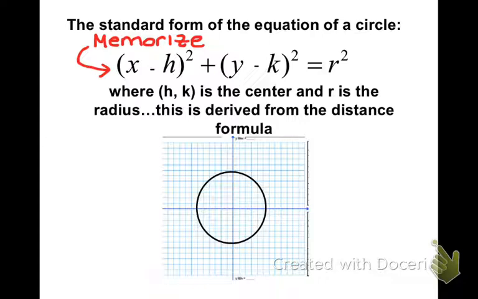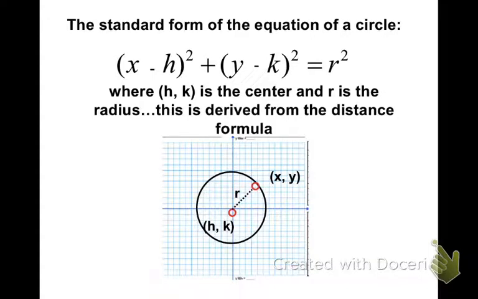Note that (h, k) is the center of our circle, and r is the radius. And I'll show you that below. There's our center, and this is assuming that our circle is centered about the origin in this particular diagram. And then we have our radius and a point on the circle.